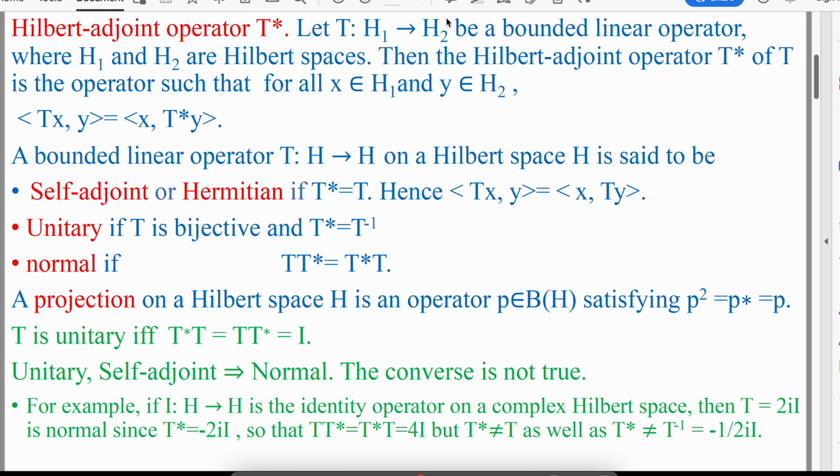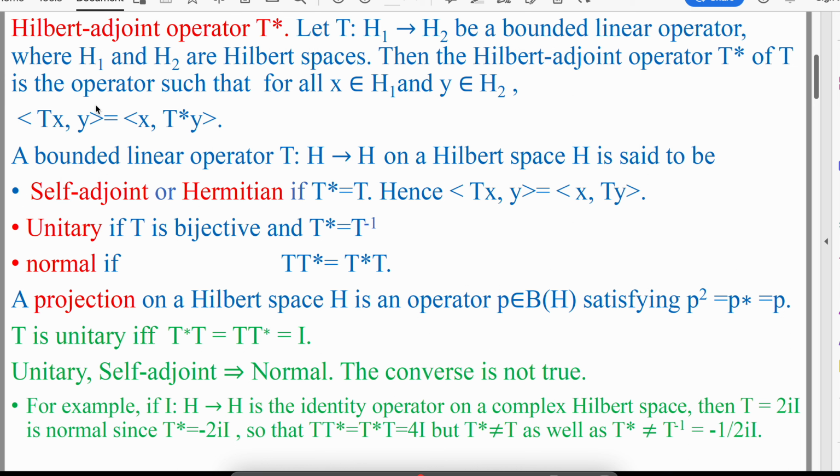then the Hilbert adjoint operator T star of T is the operator such that the inner product of Tx with y is equal to the inner product of x with T star y. Here x belongs to H1 and y belongs to H2.